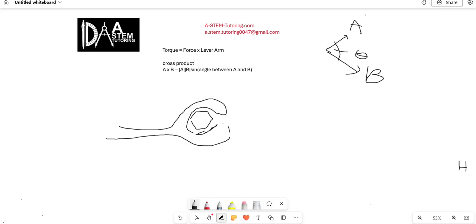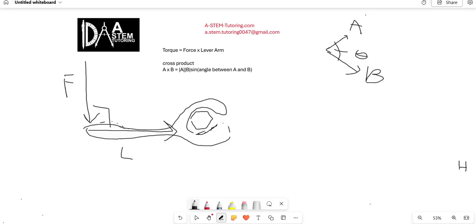So suppose you apply the force this way, and the lever arm is here. If these are perpendicular, the angle theta is 90 degrees, so sine theta is merely 1. Then that would just be the force times the lever arm, multiplying the magnitudes.